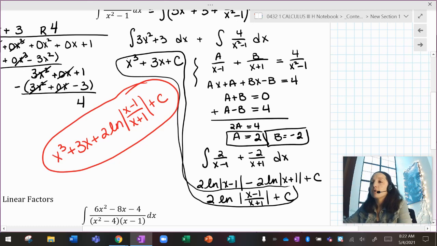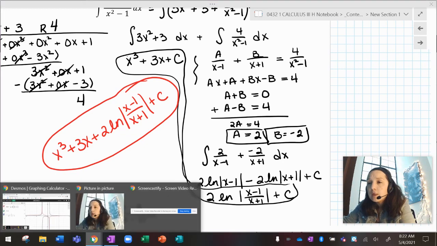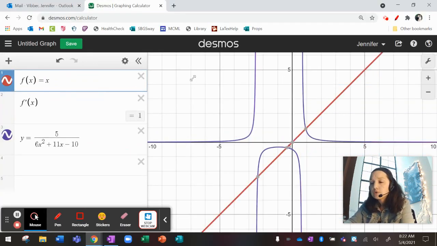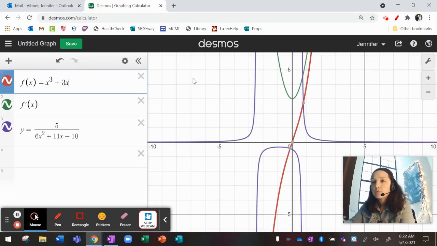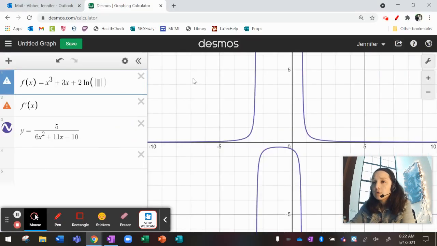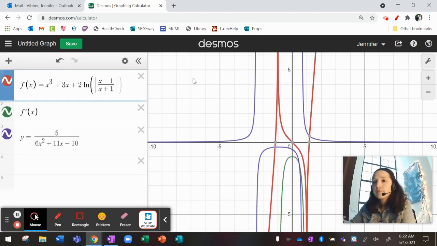All right, Desmos. Desmos to the rescue. X cubed plus 3x plus 2 ln, and then it was x minus 1 over x plus 1.